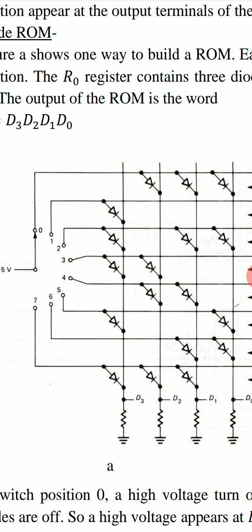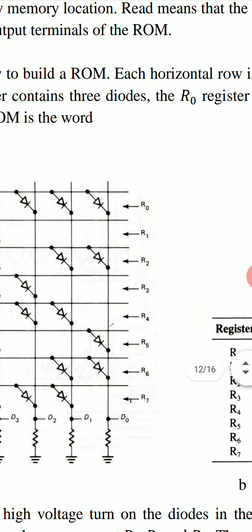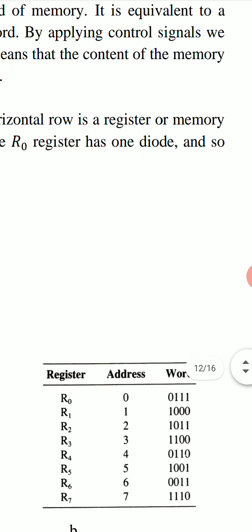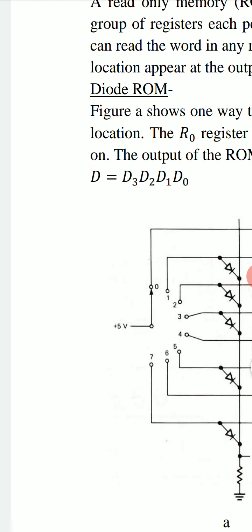We have these 8 horizontal rows from 0 to 7: 0, 1, 2, 3, 4, 5, 6, 7. Each horizontal row is a register or memory location.